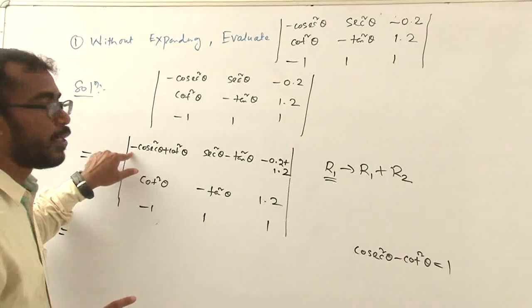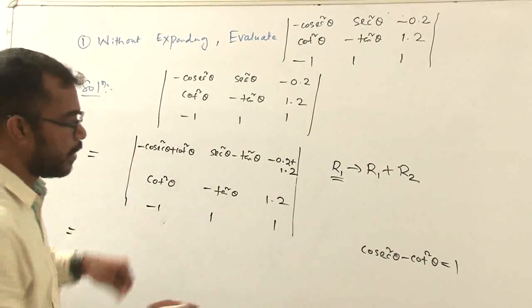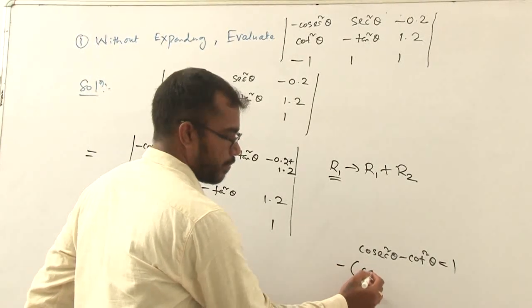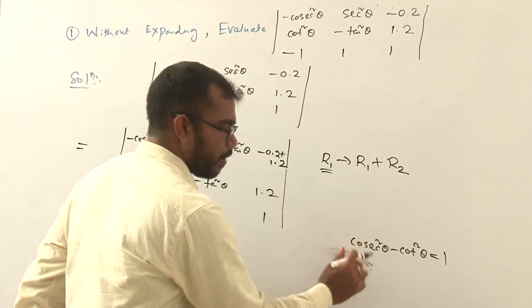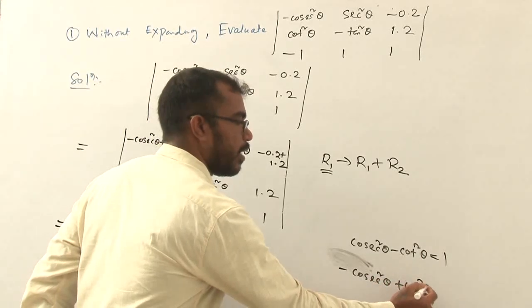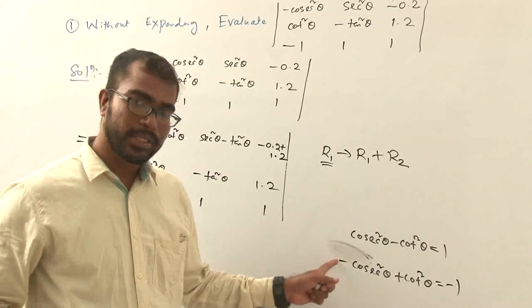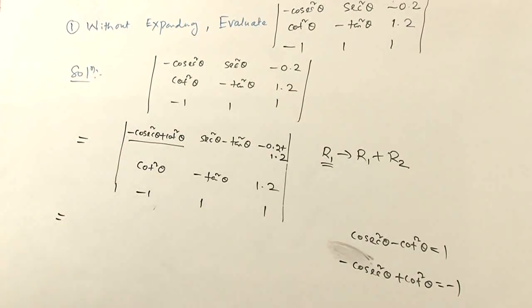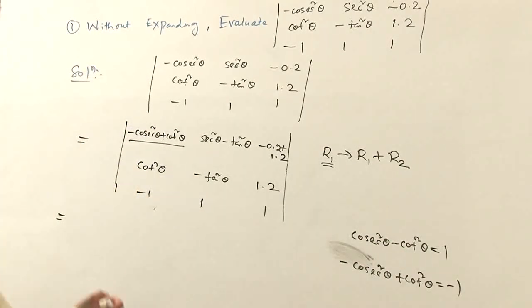If we multiply by minus 1 on both sides of this formula, we get minus cosec square theta plus cot square theta equals minus 1.